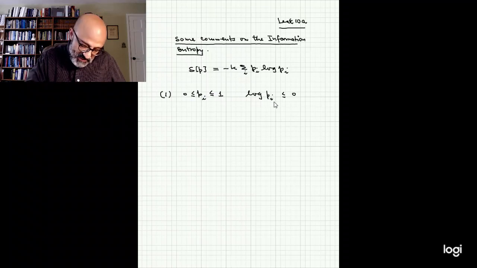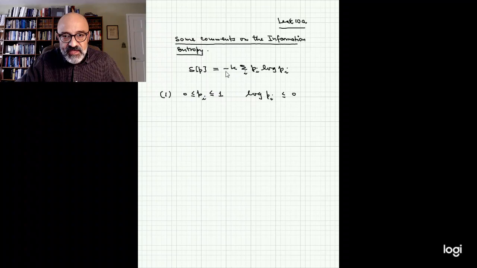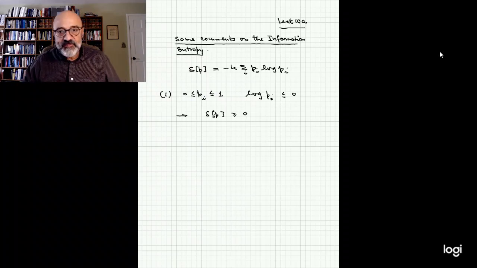So what this means is that the log of P is always going to be negative. With that negative sign in front, that means that the entropy is always going to be positive.